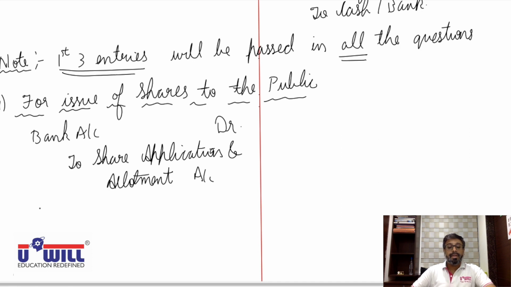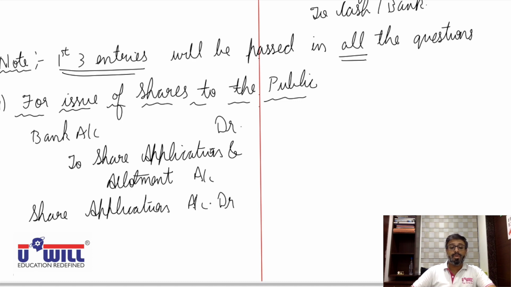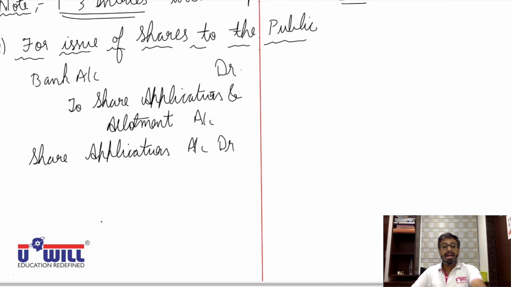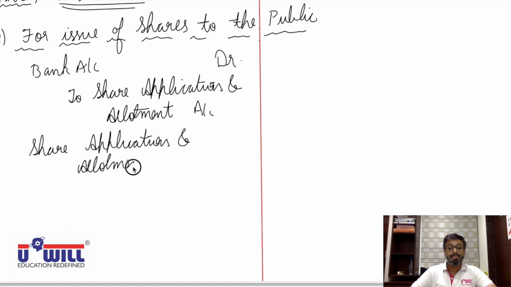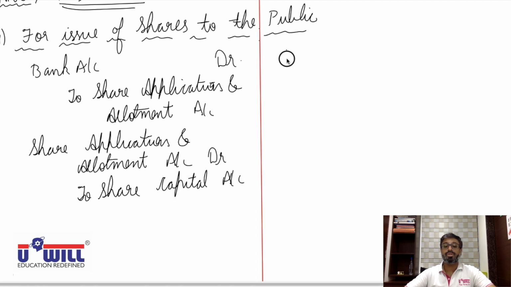And second entry, share application and allotment account debit to share capital account. We studied this last year in second year BCom: if you collect the entire money in one go, then bank account debit to share application and allotment account, and second entry, share application and allotment account debit to share capital account. This entry remains the same here also.